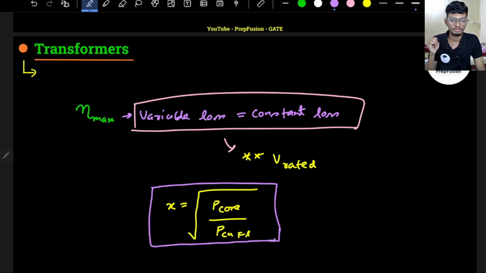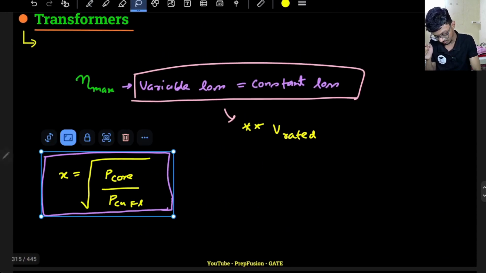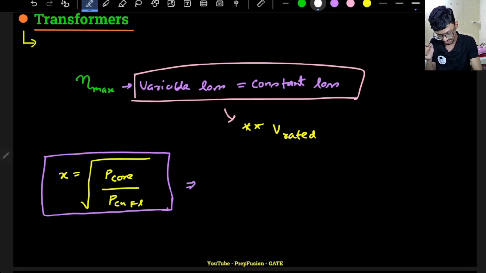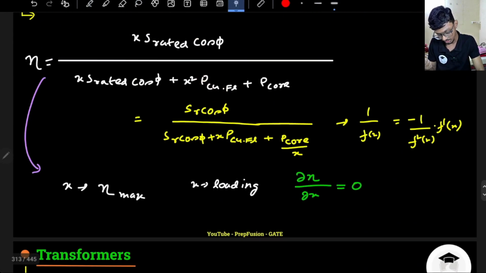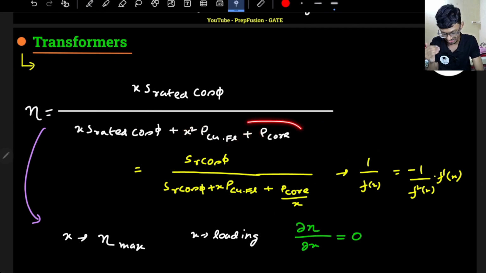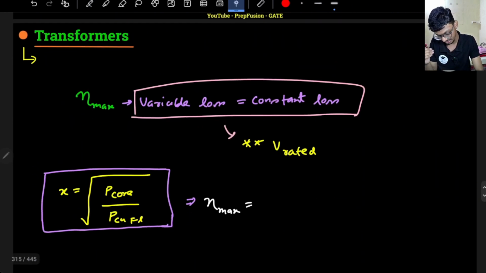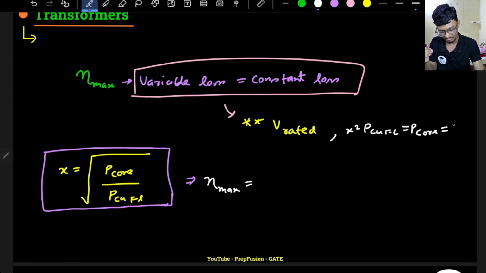So what is the value of the maximum efficiency? Eta max: I know my P core loss and the variable loss and the constant loss will be the same. So let's write x square into P_CUFL equals P core equals some iron loss P_i, or any value P, whatever you want to write.